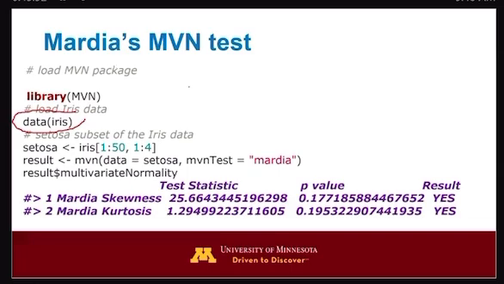You focus on Setosa in the iris data, focusing on variables 1 to 4. Take a look at that, and you conduct the test. It's also basing it on skewness and kurtosis.